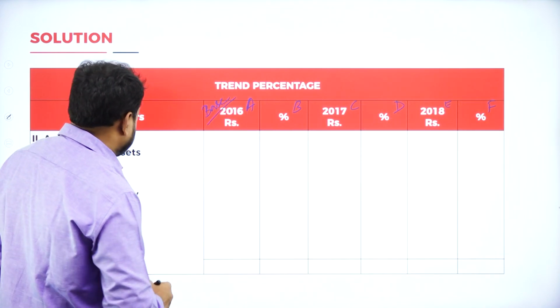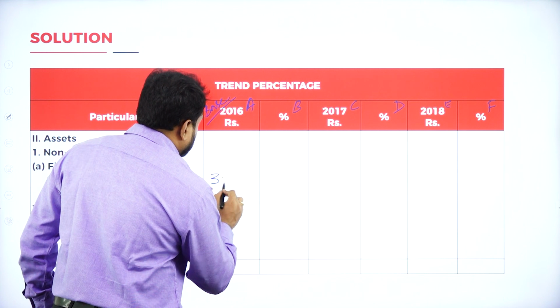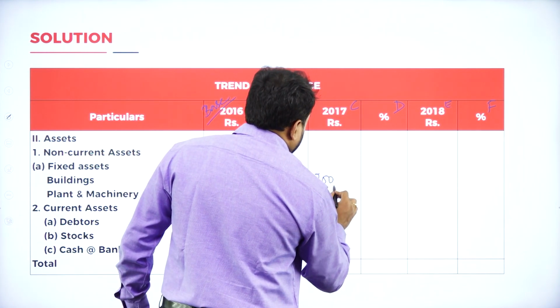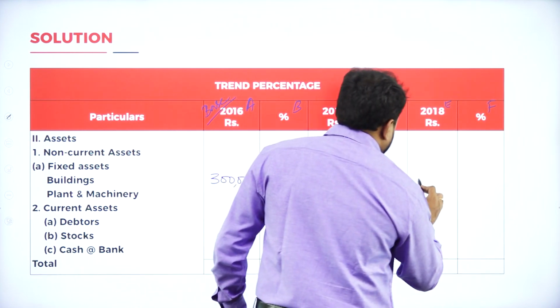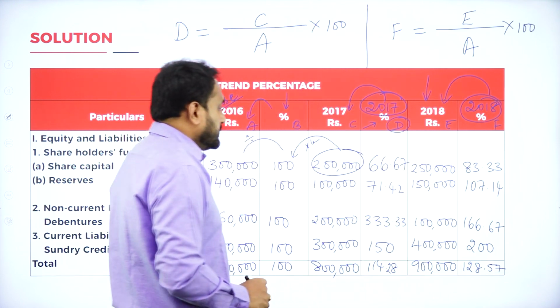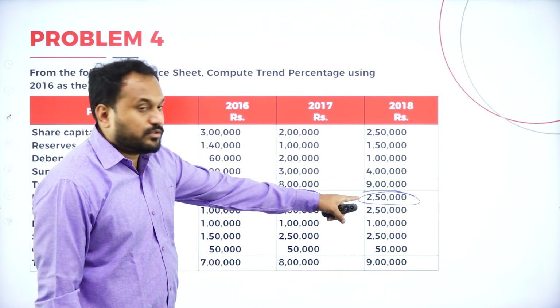So building: 3 lakh, then here 2 lakh, and then 2 lakh 50,000. Just check. 3, 2, 2.5.